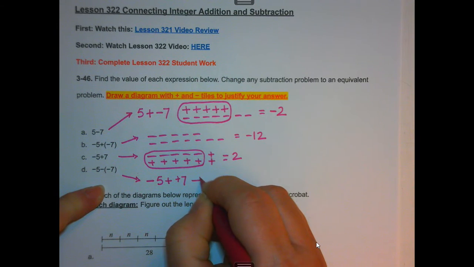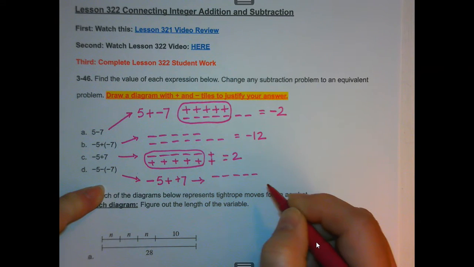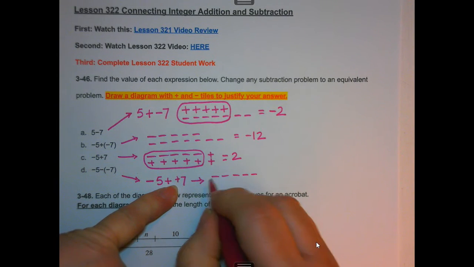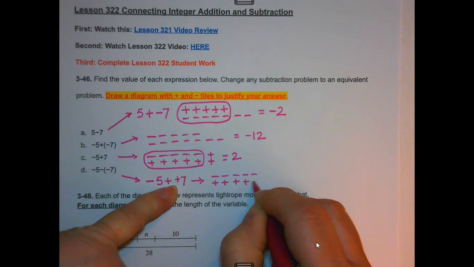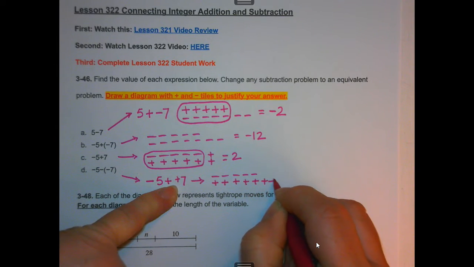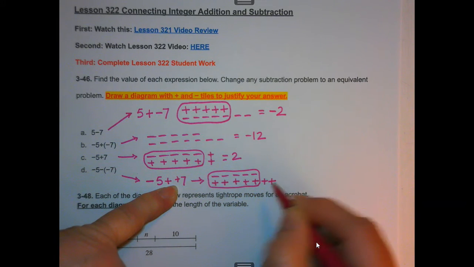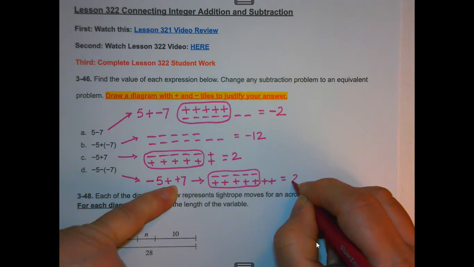So we draw this out, -5, 1, 2, 3, 4, 5, and we add 7, and we end up having these all cancel each other out, and our answer is 2.